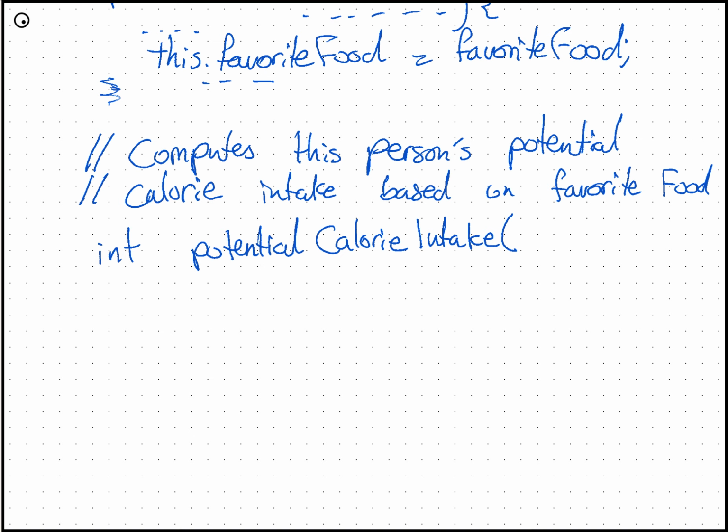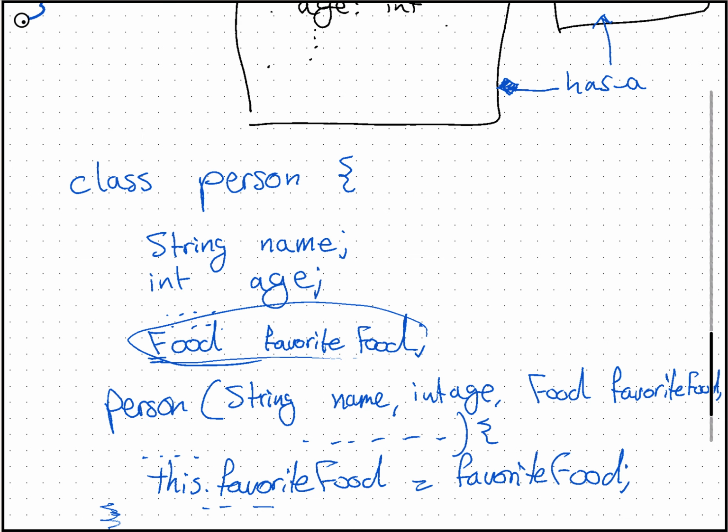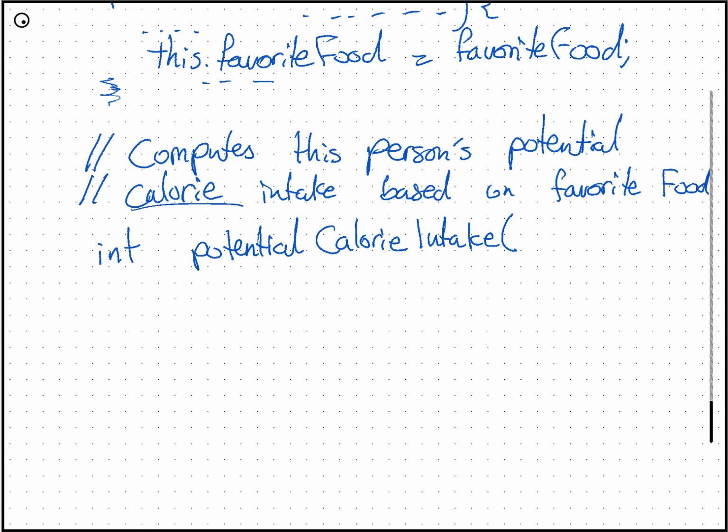It's int calories, right? So the calorie already exists in the person's class. It'll be right here, so we can get that by doing this dot calorie. So we don't really need to take in anything, right?